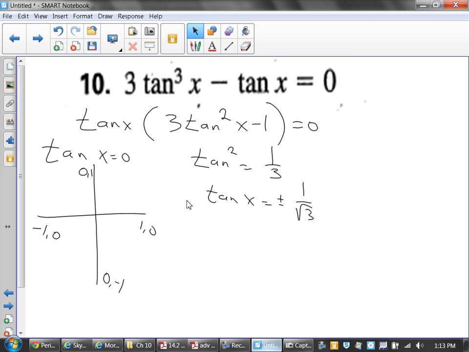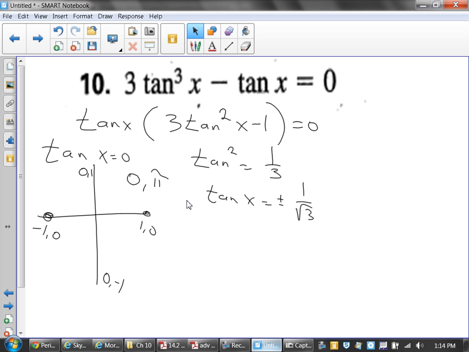In order for tangent to be equal to 0, sine has to be 0, because cosine could be either 1 or negative 1. Where is sine equal to 0 on your quadrantals? Pi and 0. So I know that this is going to work at 0, and it's going to work at pi for these two solutions there.